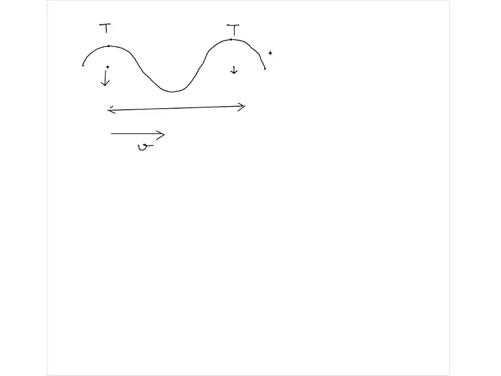Time is the same. For one cycle, whatever time it takes, in the same time, one wavelength, lambda, is covered. It's the same T. Speed equal to distance upon time I can use, because speed is fixed.